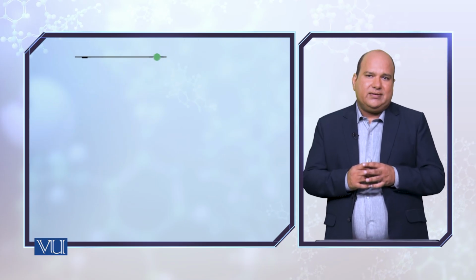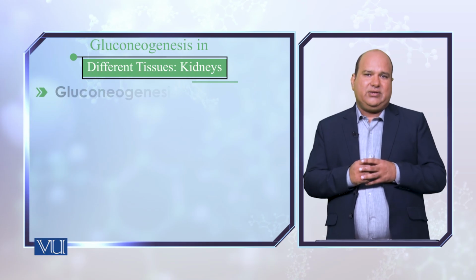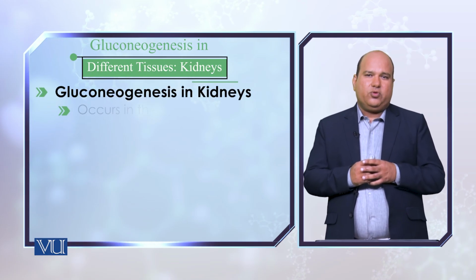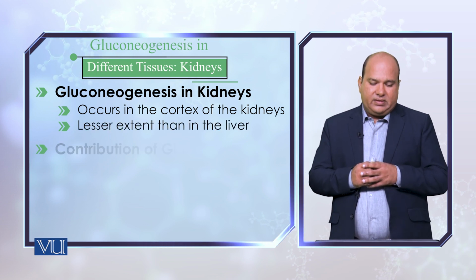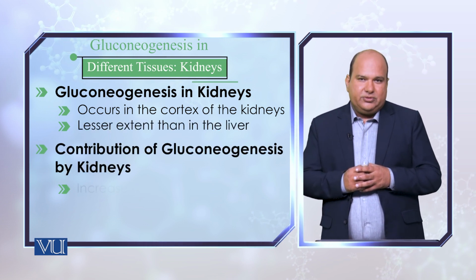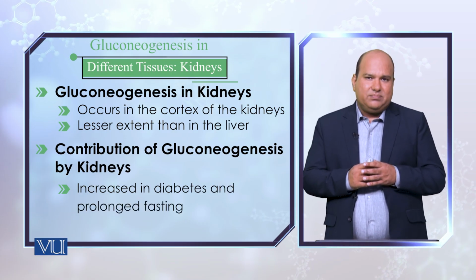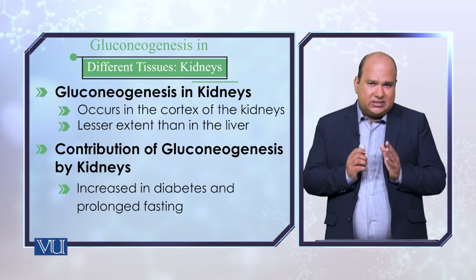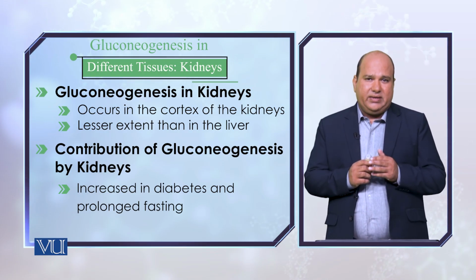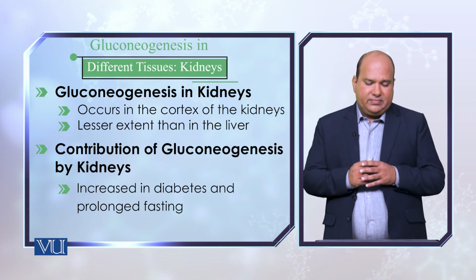Then after the liver, the second most important organ involved in gluconeogenesis is the kidneys. It usually occurs in the cortex part of the kidney, and it is less than in the liver, but still a considerable part of gluconeogenesis takes place in the kidneys.